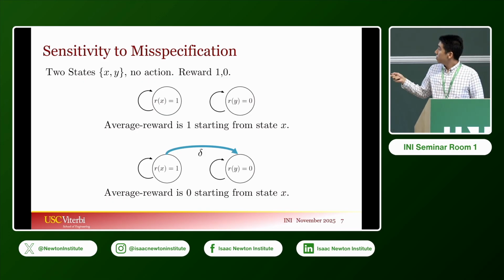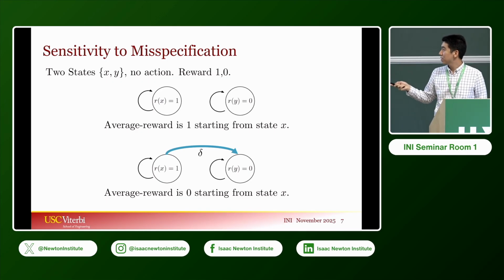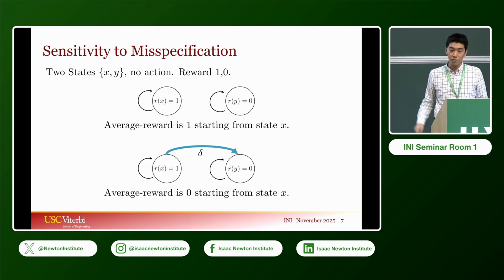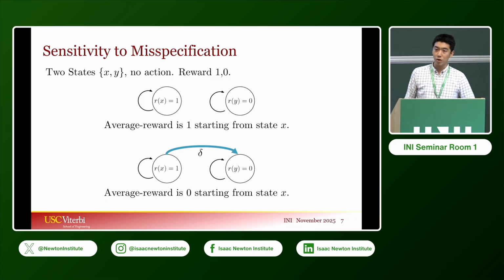Originally, if I'm at state X, the average reward will be 1. But no matter how small the delta is, the average reward is actually 0 in the second case. This basically shows that the average reward criterion is very sensitive, or discontinuous if you wish, under this perturbation of order delta. Regardless of how small the delta is, the average reward will jump to 0.